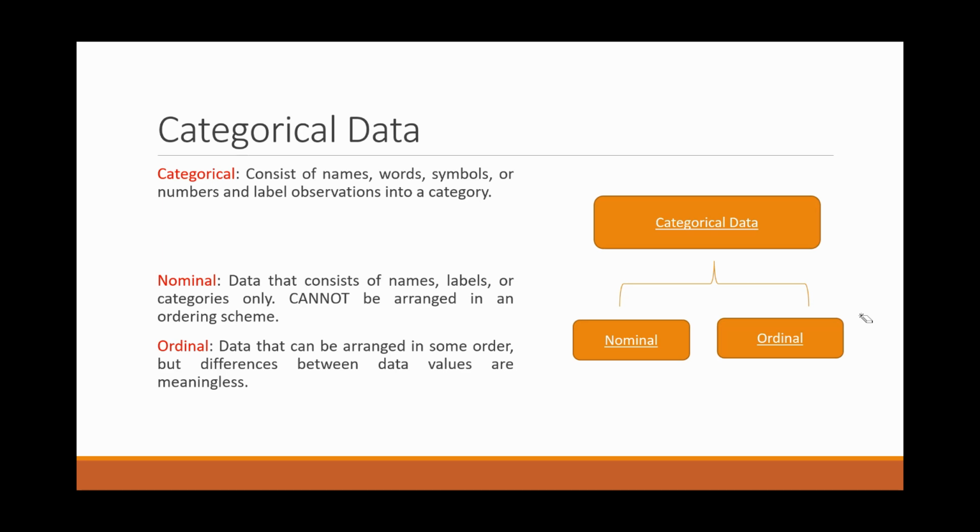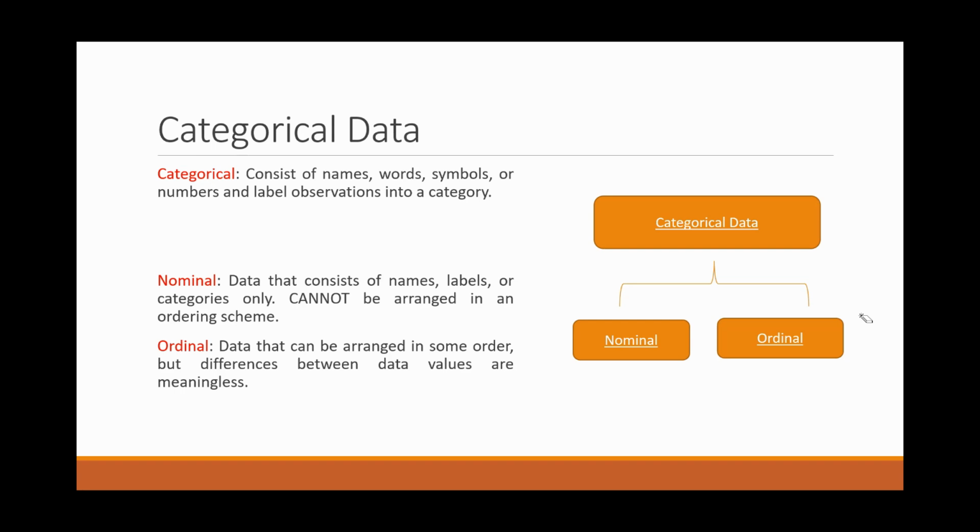I'm going to give you an example in a minute. But with nominal categorical data, the values cannot be put into an order where that order tells us something about the data. Any ordering would just be arbitrary. All right, that would be a nominal categorical variable.